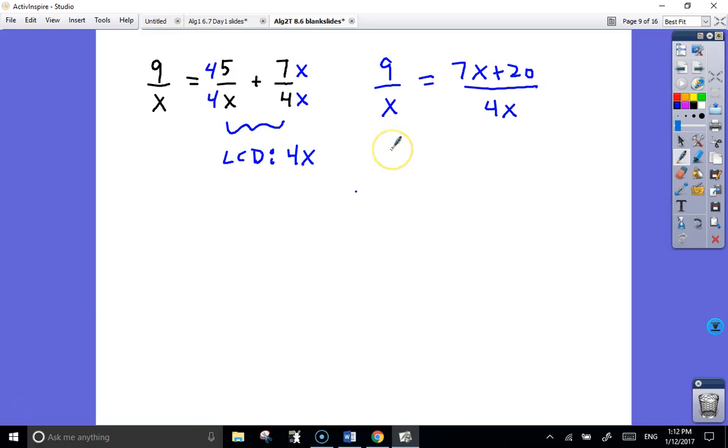So this is going to be 9 times 4x equals x times 7x plus 20. So we've got 36x equals 7x squared plus 20x.